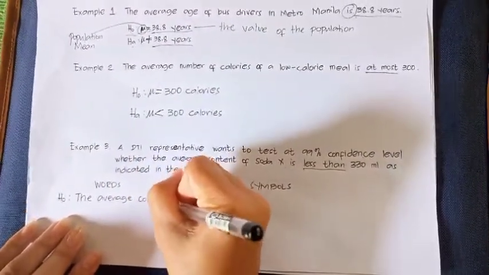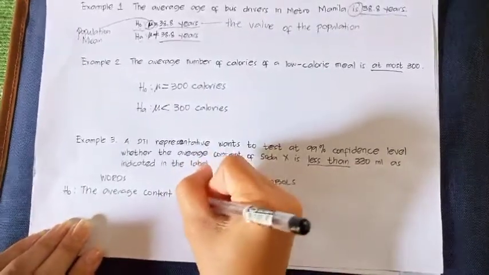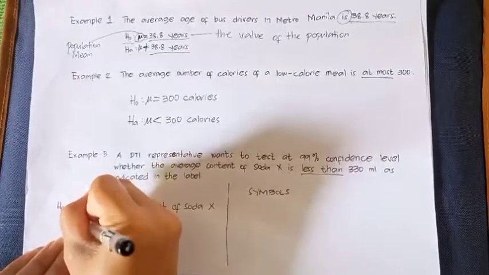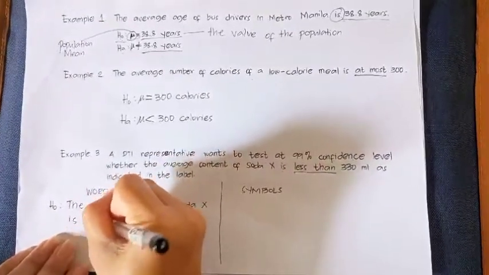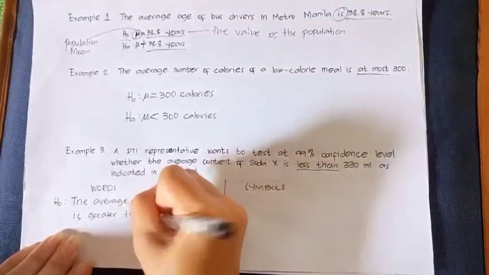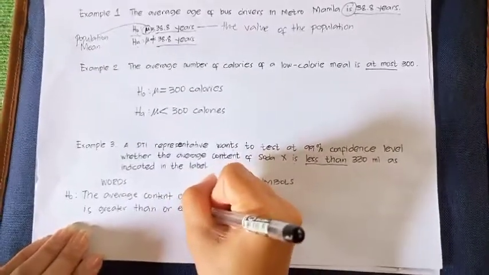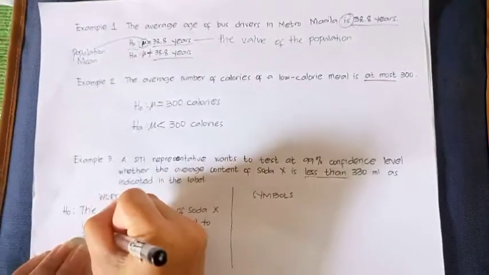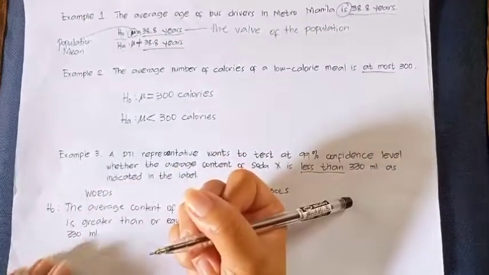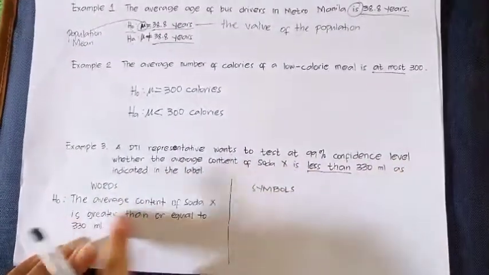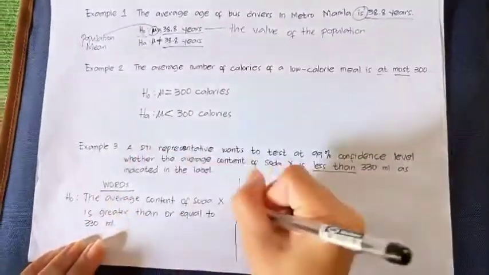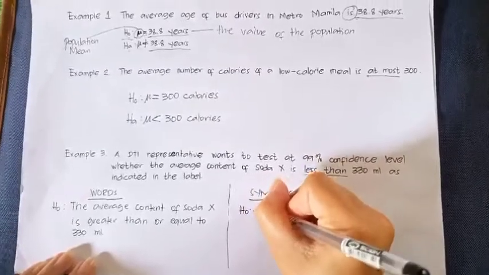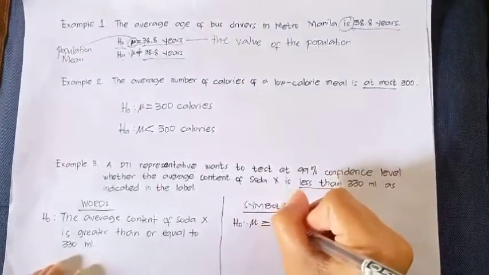The average content of soda X is greater than or equal to 330 ml. In symbols, we can write this like this.